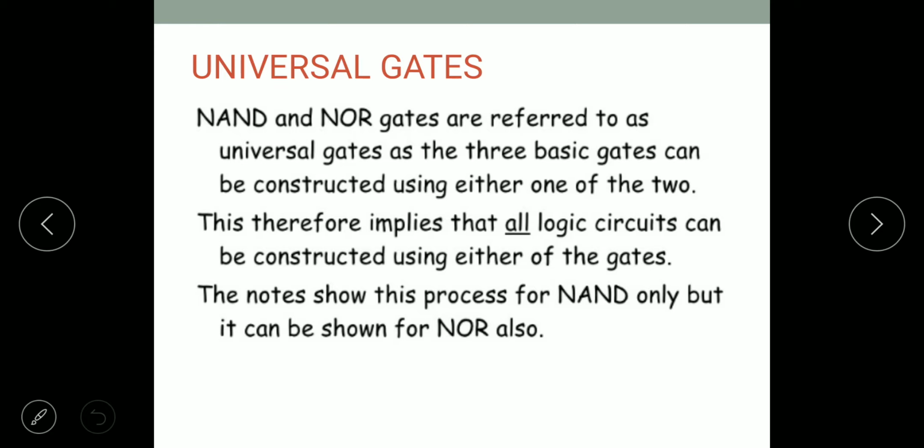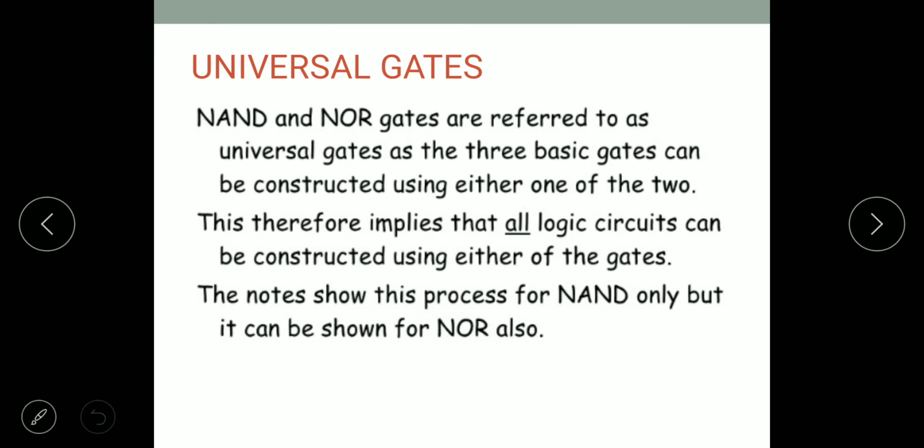NAND and NOR are two gates which are called universal gates, as the three basic gates can be constructed using either one of the two. Why are NAND and NOR called universal gates?